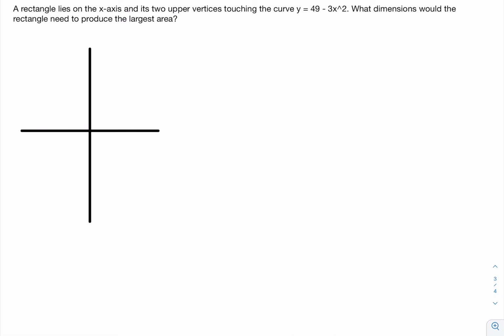So if we imagine the function 49 minus 3x squared, it's going to go up to 49 here and go down like this, right, because it's a negative parabola. And what we're saying is that the two upper vertices of the rectangle touch this curve. So we can imagine that there's a rectangle kind of touching the curve here.